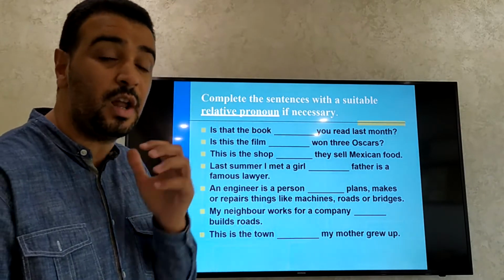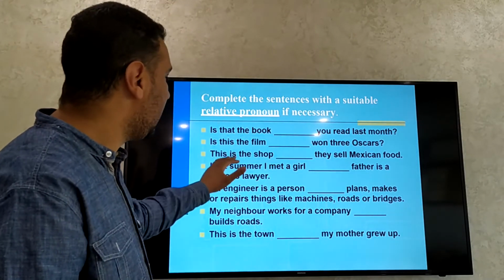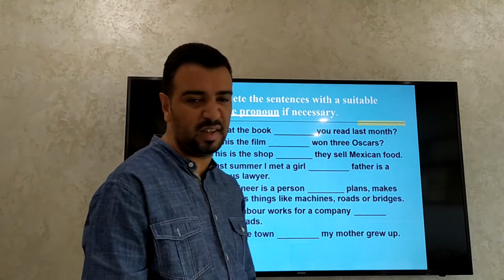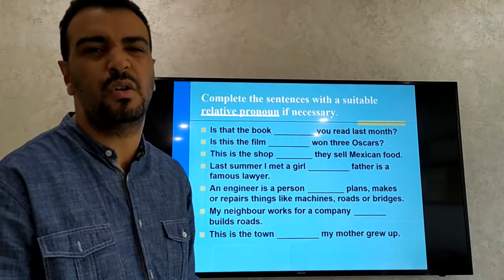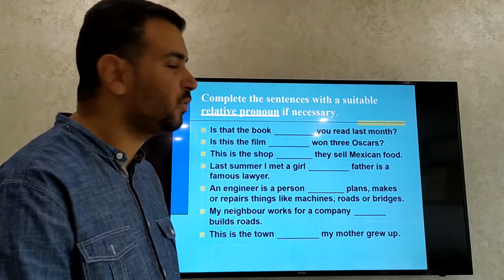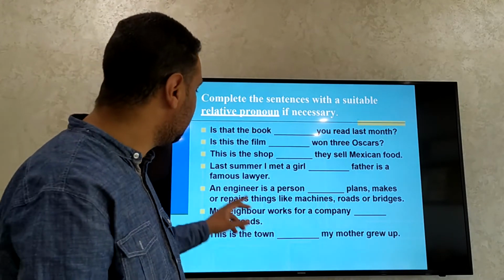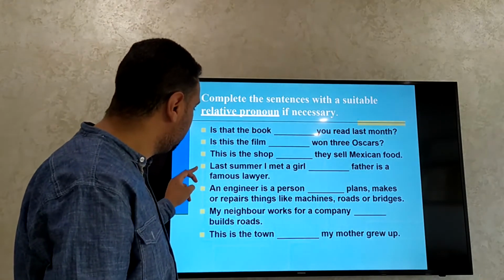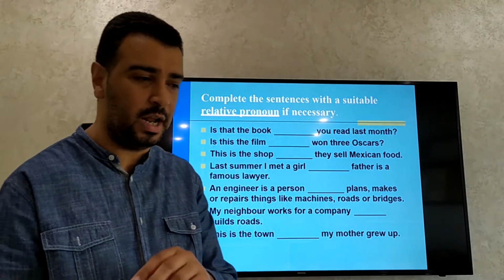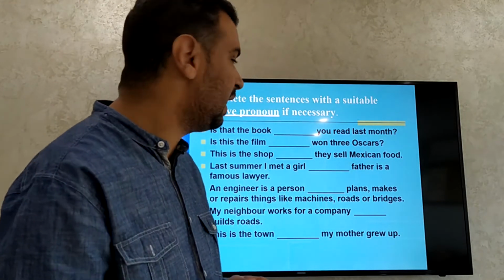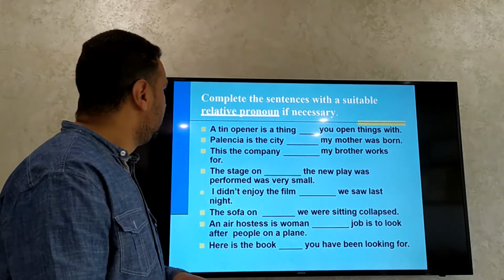I cannot say "This is the shop they sell Mexican food". It would sound awkward, missing something. Not very English. So at home, inshallah, I'd like you to work on sentences 4, 5, 6, and 7. I would share these on our platform, on Google Classroom.